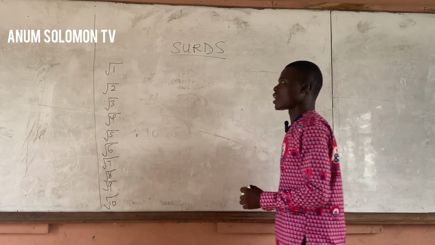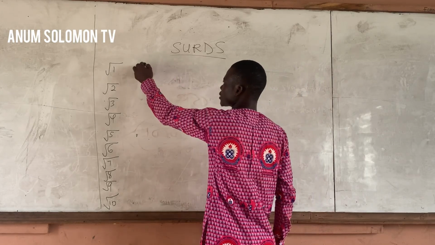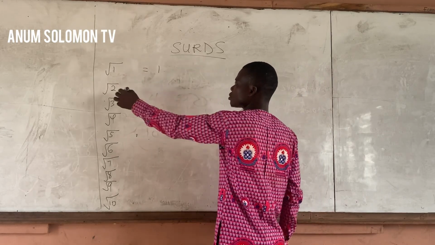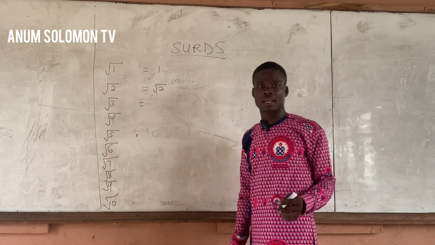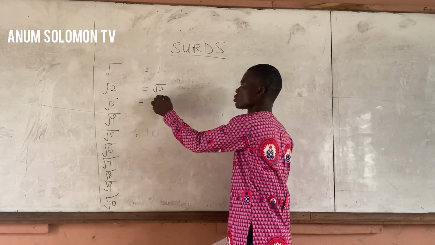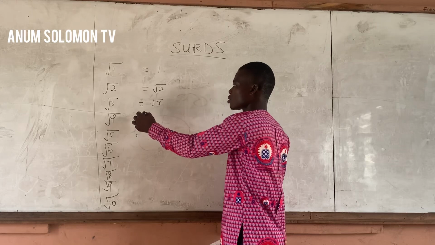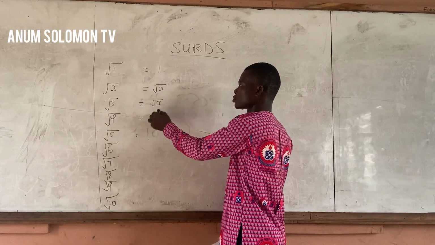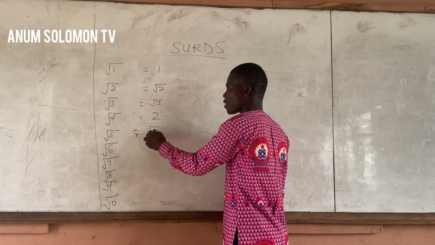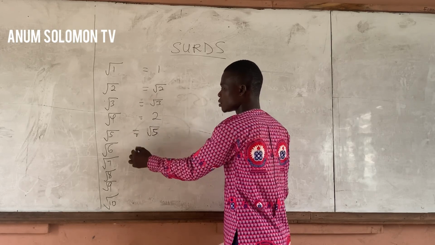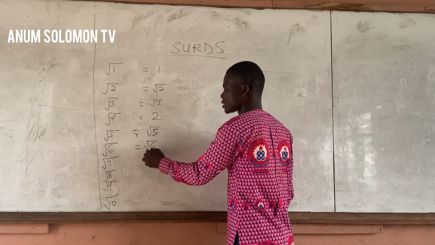then you can clearly see that square root of 1 is 1, root 2 will be the same root of 2. Square root of 3 will be root 3. Square root of 4 will be 2. Root of 5 will be the same as root of 5. Root 6 remains the same, root 6.